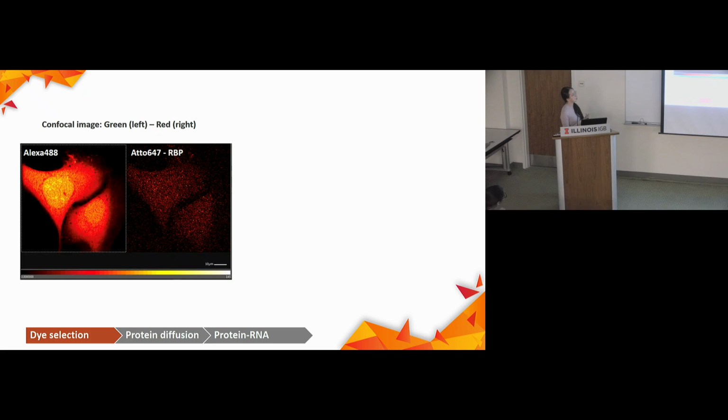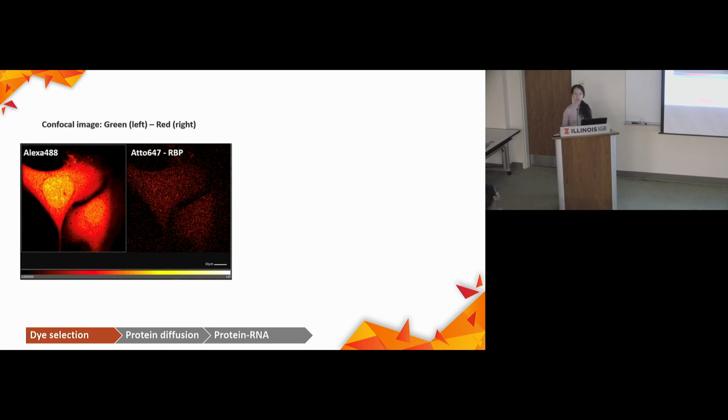And we can see a nucleus in the middle and a cytoplasm. And on the right-hand side, it is a channel that is for the red. So in this channel, you can also see a cell shape. That means the cell is actually containing the red dye that we are interested in testing. That means our red dye is located in the cell about uniformly.